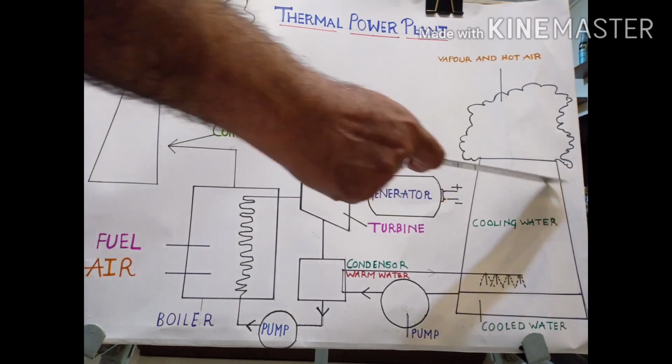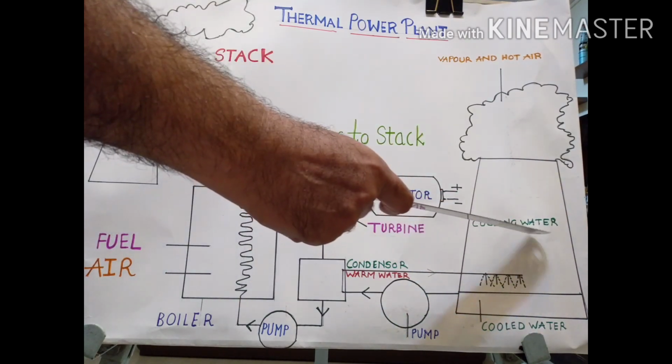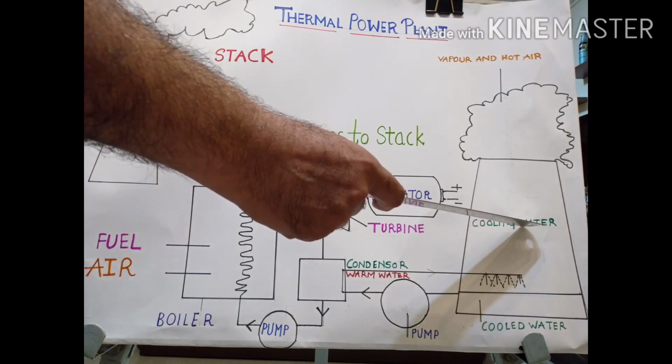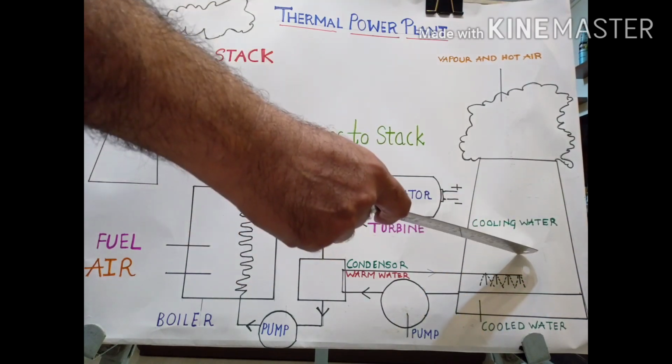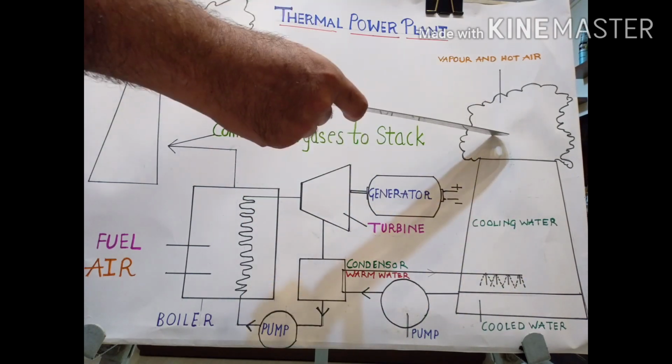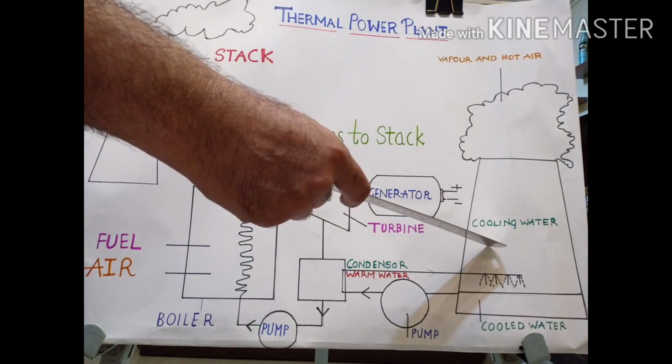Now whatever heat is absorbed by the water in this cooling tower, that heat is given out into the atmosphere in the form of water vapor and hot air, right?